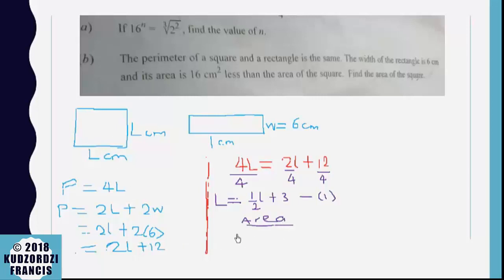So area of the square: the square will have area equal to L squared, as capital L squared. Then the rectangle will have area equal to length times width, which is equal to 6l.